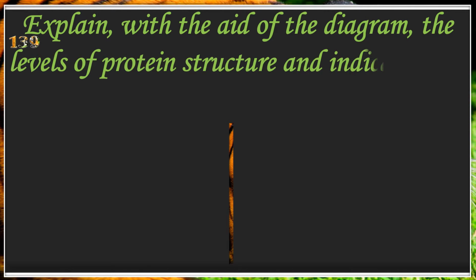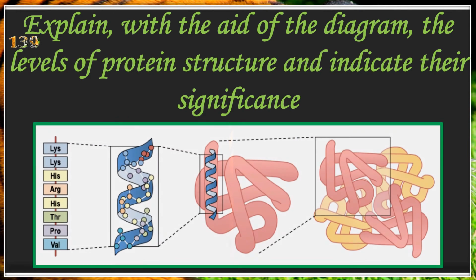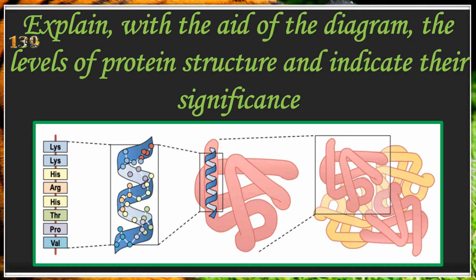Explain with the aid of a diagram the levels of protein structure and indicate their significance. We have 4 different structures that we are seeing here.